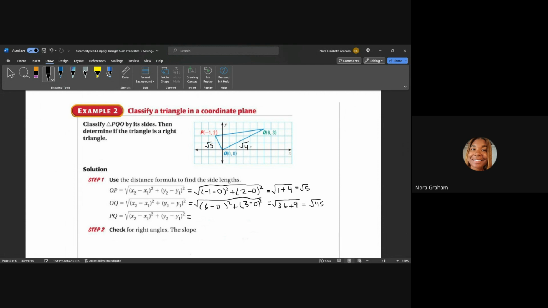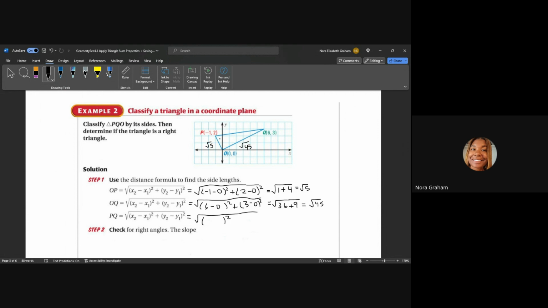Now let's go ahead and find PQ. Again, I just plug and chug. I'll use these ones as my x sub 1, y sub 1, and this one as my x sub 2, y sub 2.